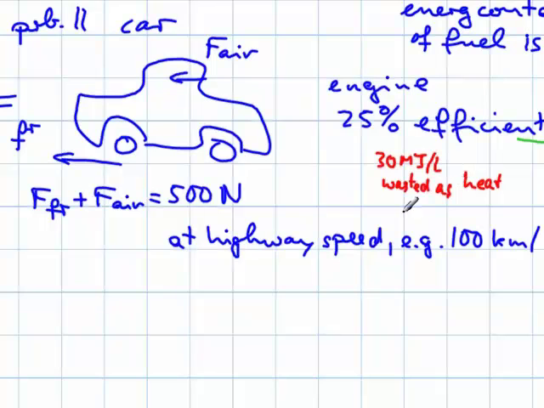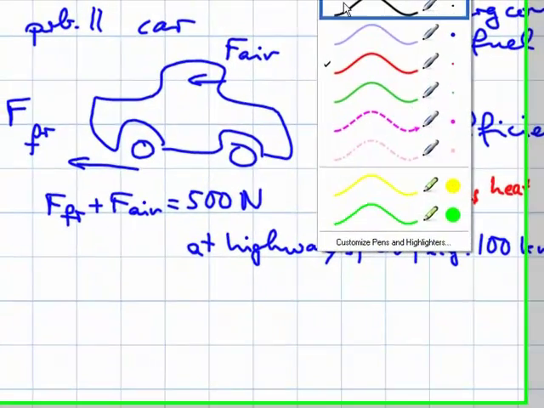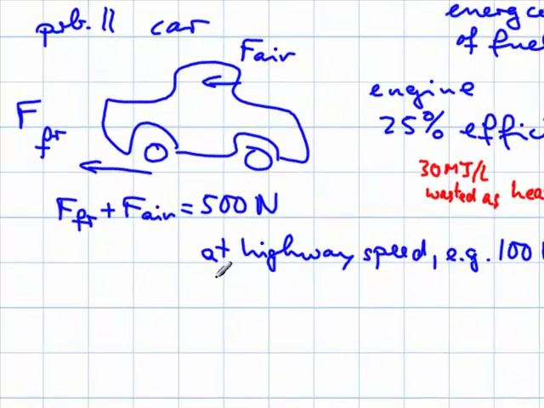Okay, let's see how we calculate that. Well, we know that the kinetic energy is 10 megajoules for every liter. I'm just going to leave the liter out of here because at the end it's going to say anyway how many kilometers we're going to make for that 1 liter.